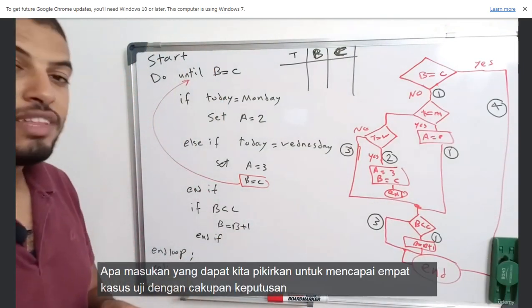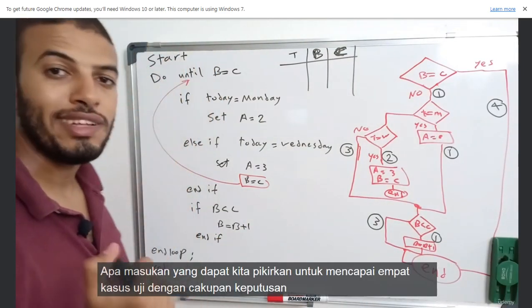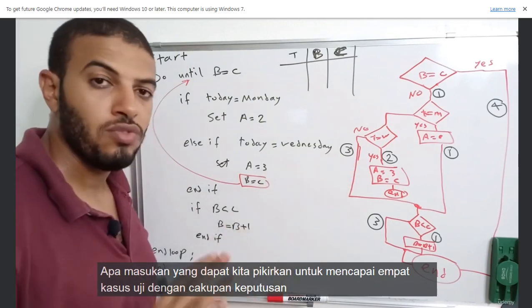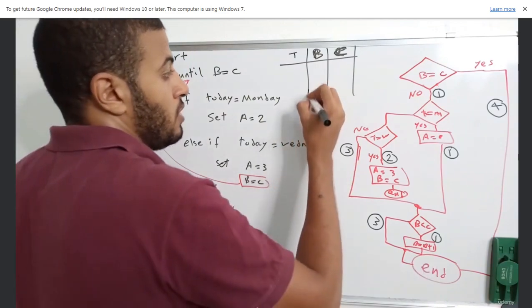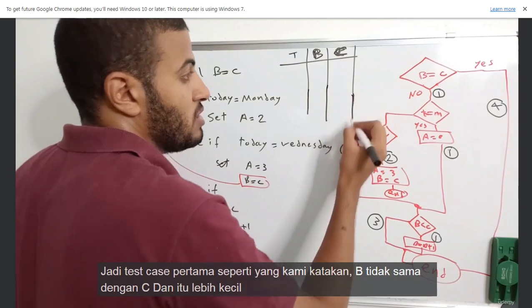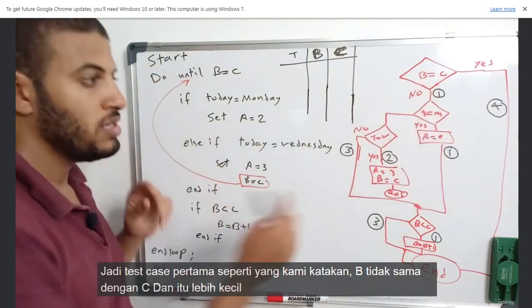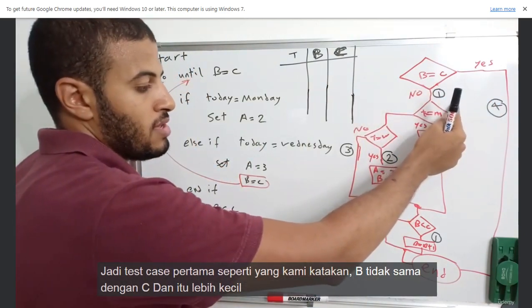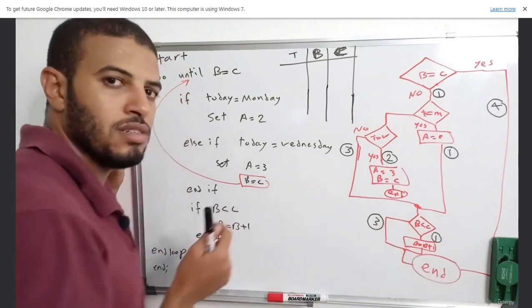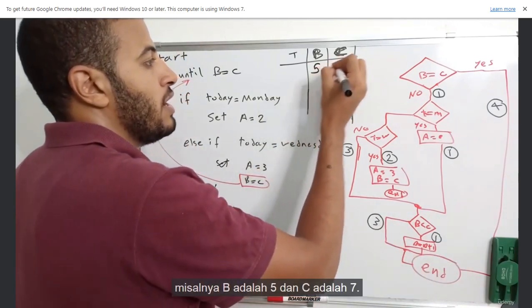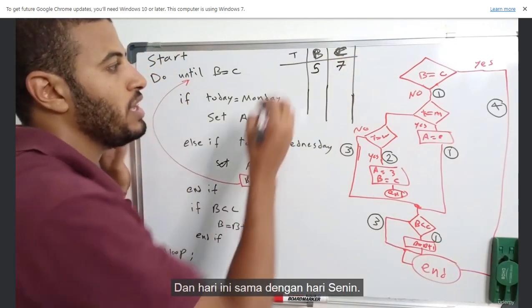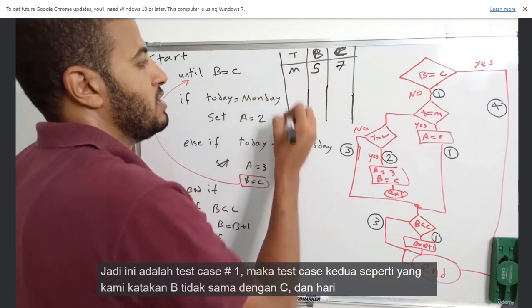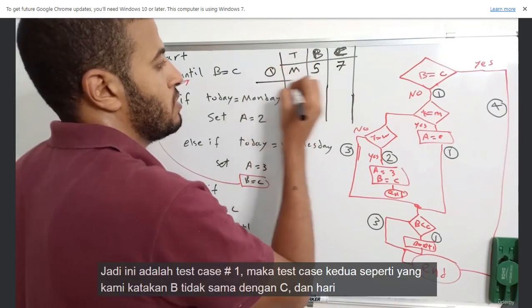What are the inputs that we can think of in order to achieve these 4 test cases with 100% decision coverage? So the first test case, like we said, B is not equal to C. Okay, and it is smaller than C. So for example, B is 5 and C is 7, and today equals Monday. So this is test case number 1.